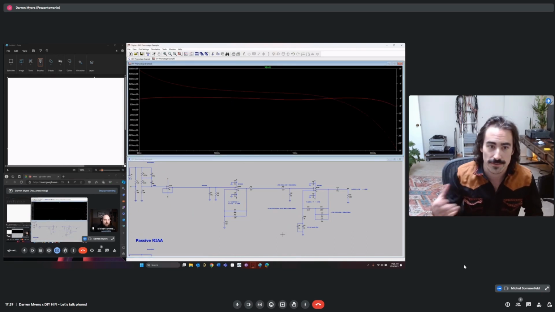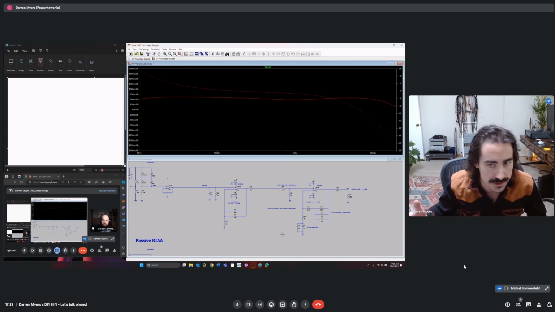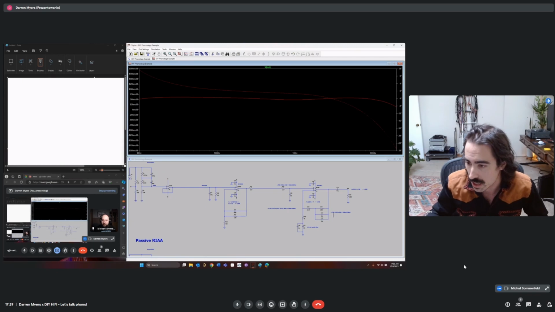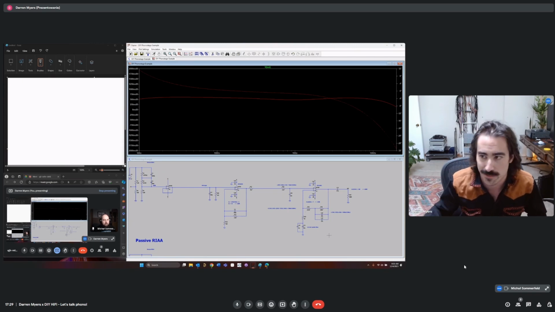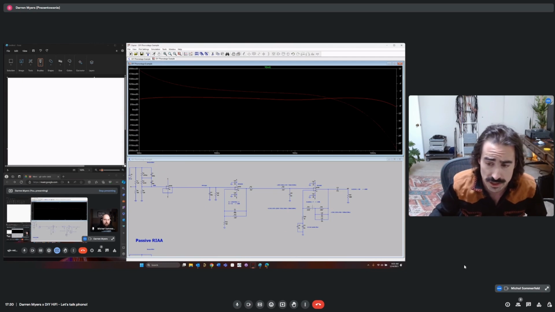So relatively flat response, plus or minus 0.2 dB, if you will. You can always tweak to get further in, but remember that your design when you build it is likely going to differ a little bit, because we're being so picky on a very small tolerance here.